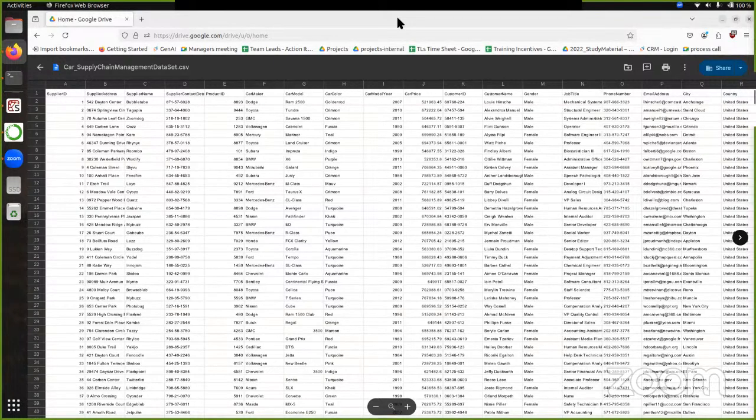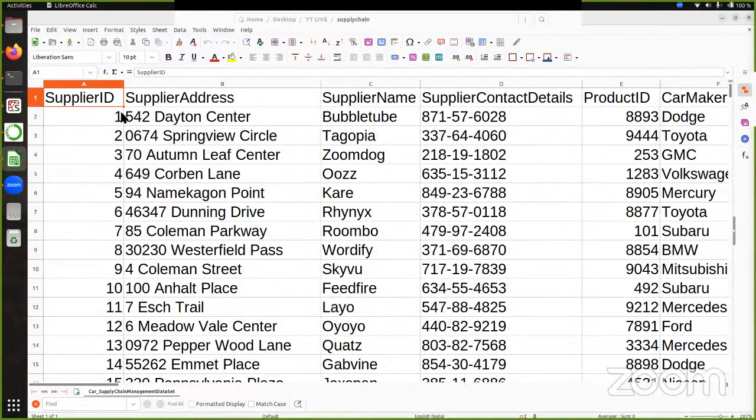So in our data, we want to analyze what is going on. Okay. So now, the first is our supplier ID. Okay. Supplier ID is just assigning some kind of ID to a supplier. Okay.